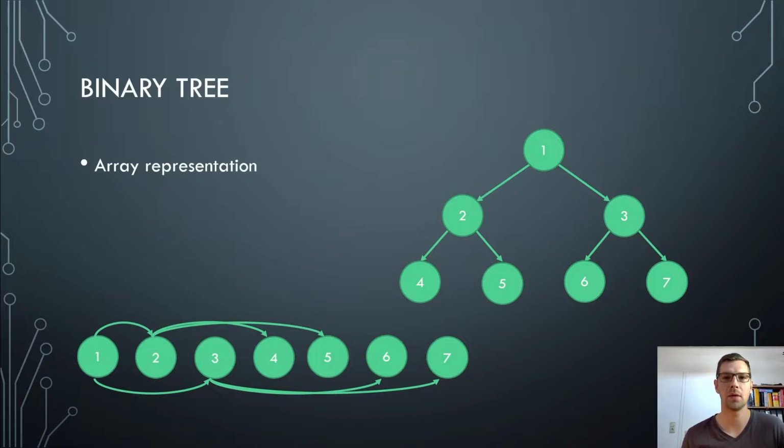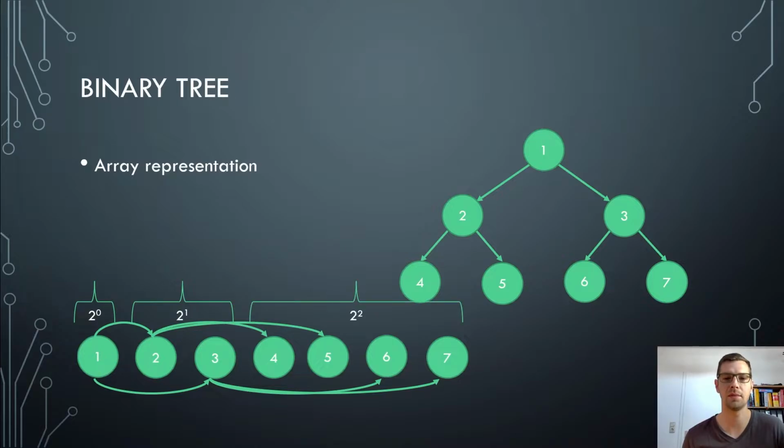And what else do we see? We see that our first layer, the layer 0, has exactly 2 to the power of 0 elements. The second layer has 2 to the power of 1 elements, and the third layer, layer 2, has 4 elements.